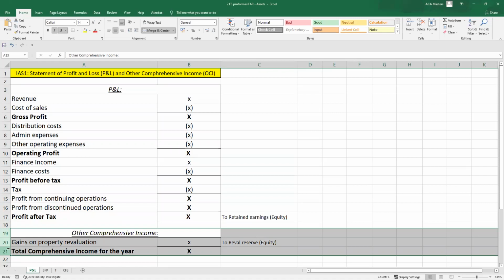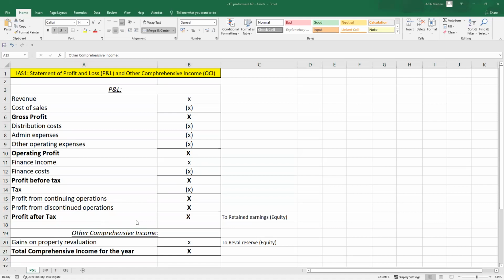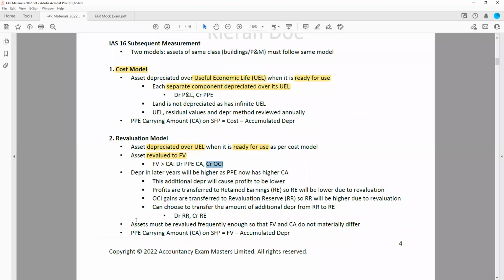Some of this is a bit of a contentious area about what should be recorded through here and what should then be recycled to the P&L, but we don't need to worry about that at this stage. So think of it, for the purposes of the FAR exam, gains on revaluing property are recorded through OCI because it's a bit more abnormal, a bit more unusual, and it doesn't relate to day-to-day trading activities.